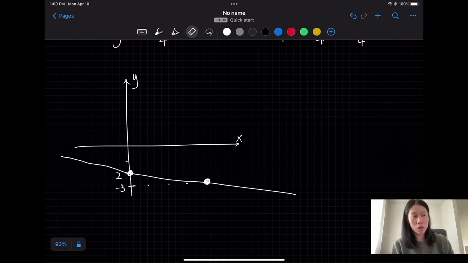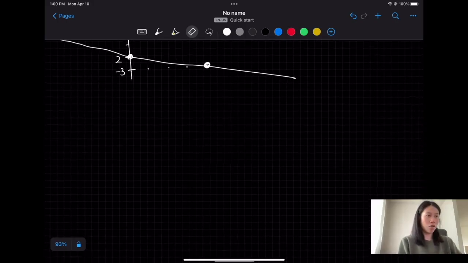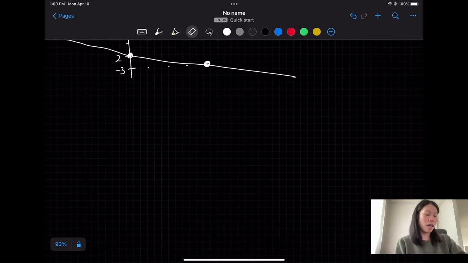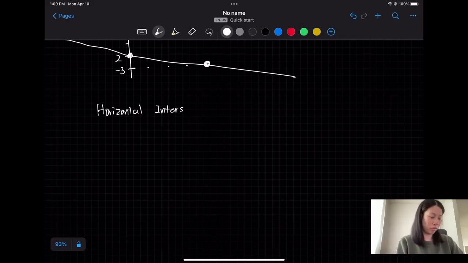Another way to do it is to find the horizontal intercept. First of all, what is a horizontal intercept? The horizontal intercept of the function is where the graph crosses the horizontal axis.